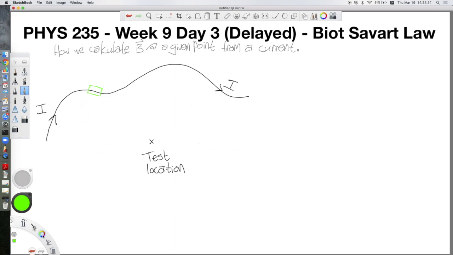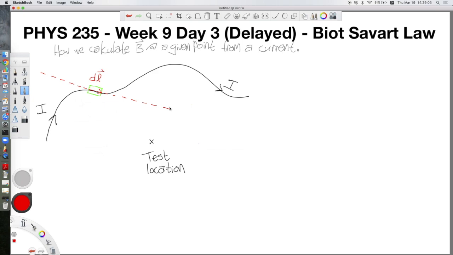And there are a couple vectors you're going to need to be familiar with for this bit. One of them is dl. This is the length element, infinitesimally small, along the direction that current is being traveled. This is similar to the L from the magnetic force acting on a wire formula from just before we all parted ways. So this will be tangent to the wire at that point in time.